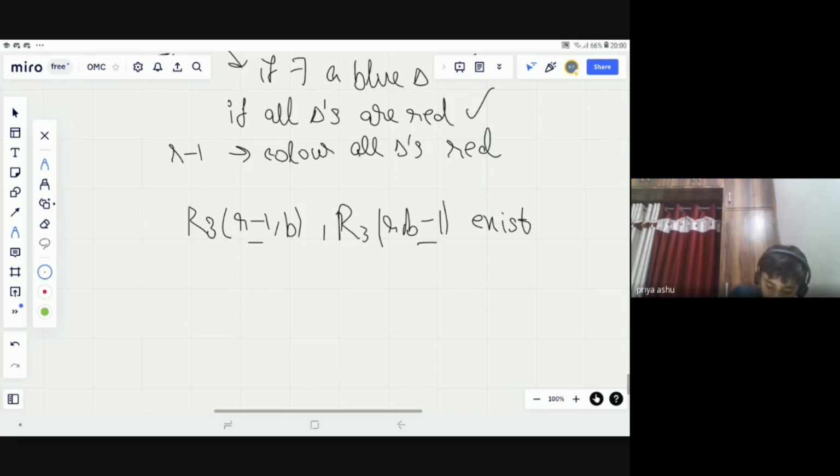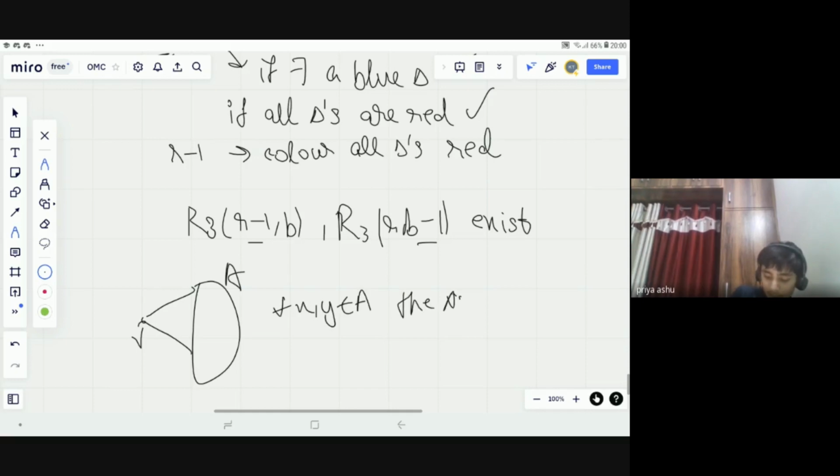So like last time we had a vertex V and we had a set A such that all edges from V to A are red. So if we can get an A such that for all X and Y in A, the triangle VXY is red. Can we force such an A?